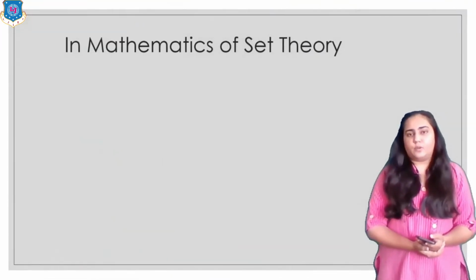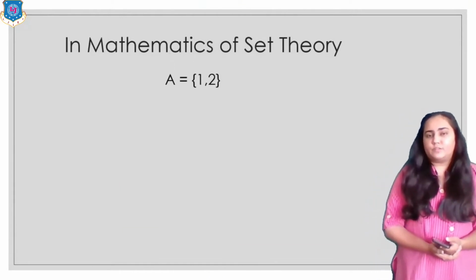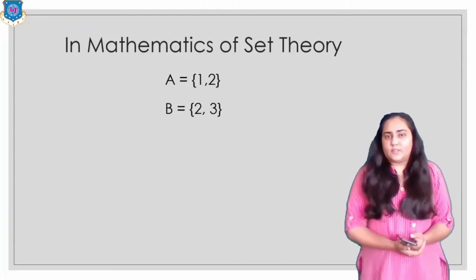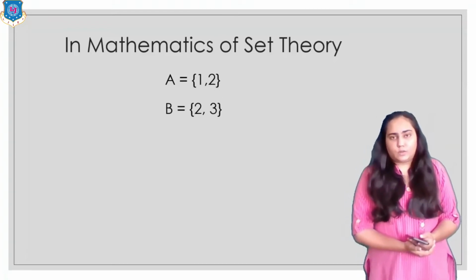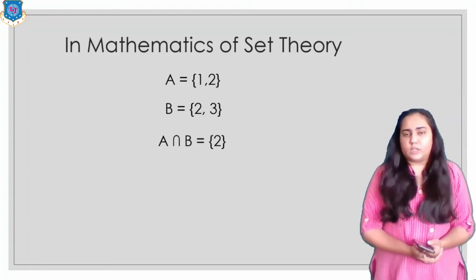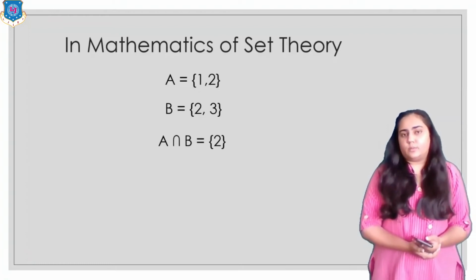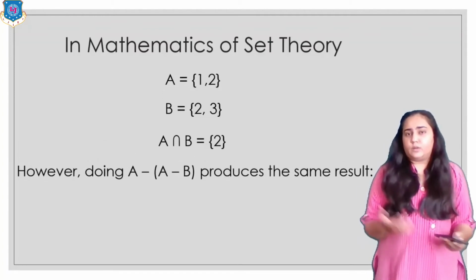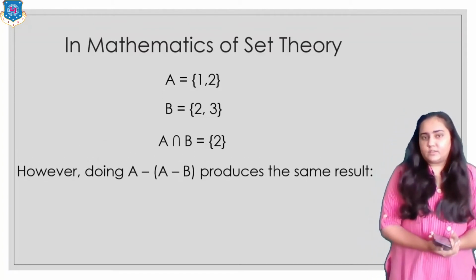Let's see an example with numbers. If you have a set A with elements 1 and 2 and another set B with elements 2 and 3, and if I do A intersection B, it will give me 2 because that is common between A and B. But you can also perform this with a set difference.